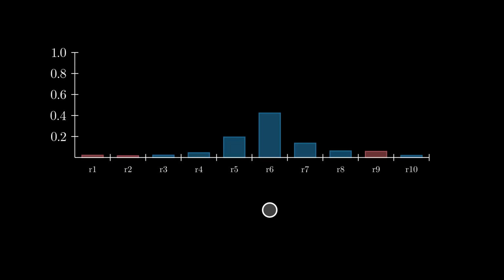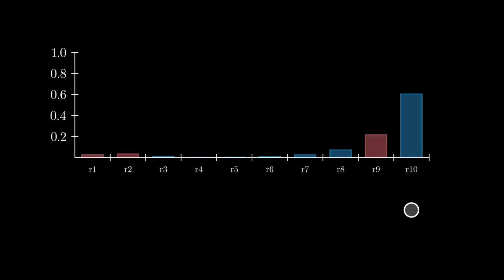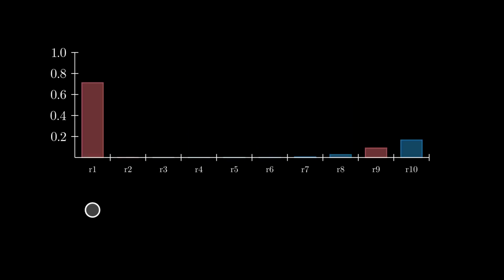Let's run some more updates. We can see that on the long stretch of blue rooms we're losing information, but the less frequent red rooms make up for this.